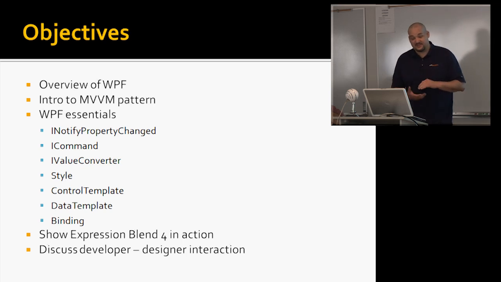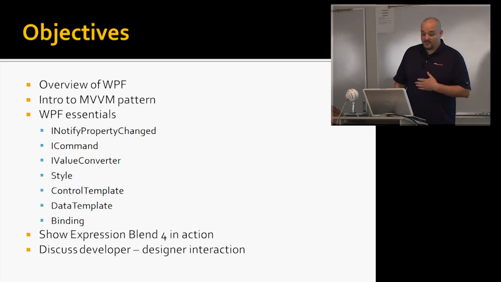And then the last 4 points are all meat and potatoes for what you're going to do in Blend. It's really where the tooling makes it much easier to deal with these objects in Blend than it does in your Visual Studio.